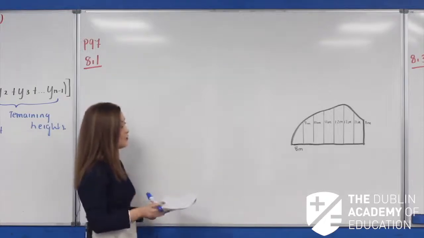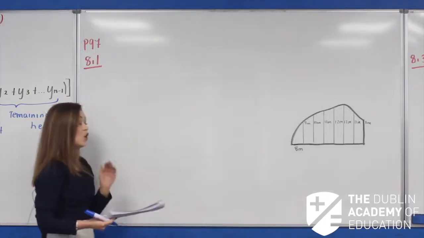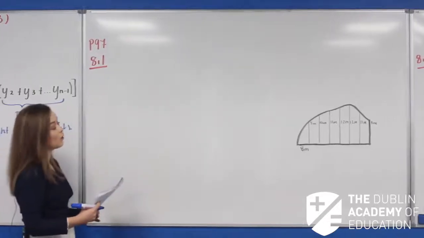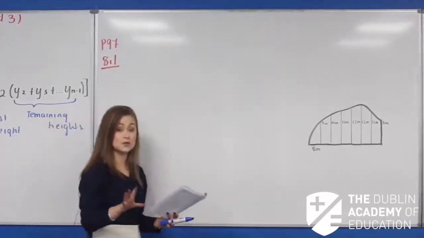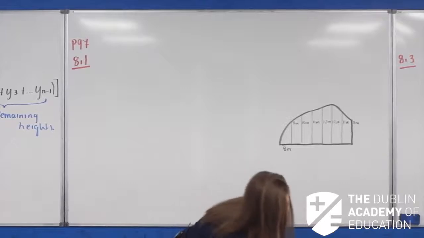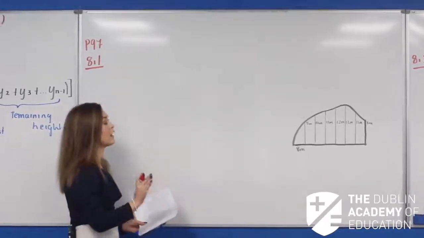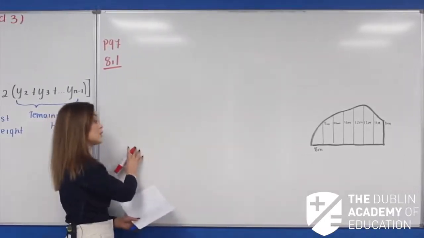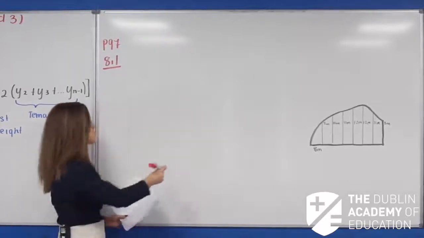Now when we're starting off here to find the area under the curve, the first thing we'll always do, okay, always do it, is we'll write down our formula, okay? So it's very important every single time they're telling us we're using trapezoidal rule, we're going to write down the formula for it.